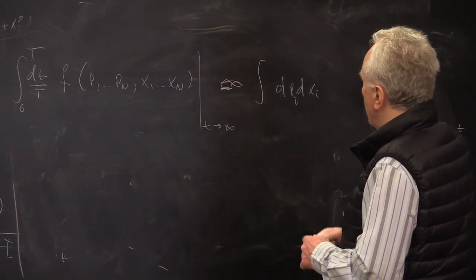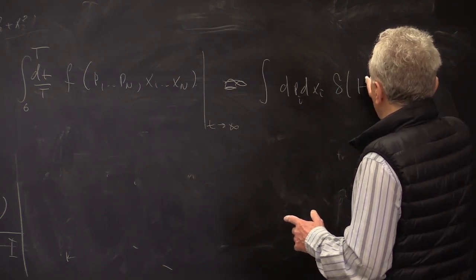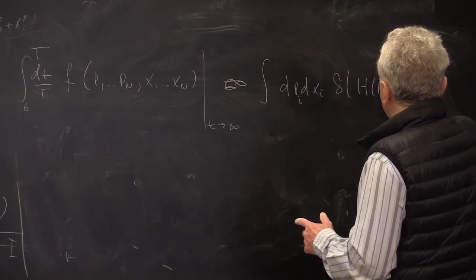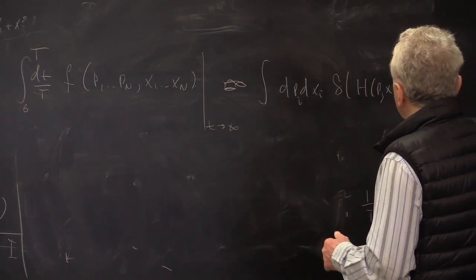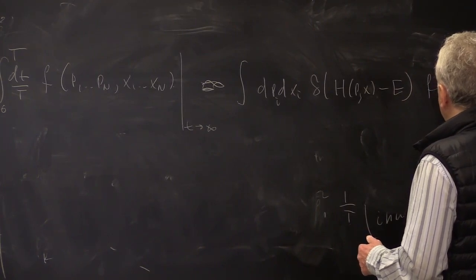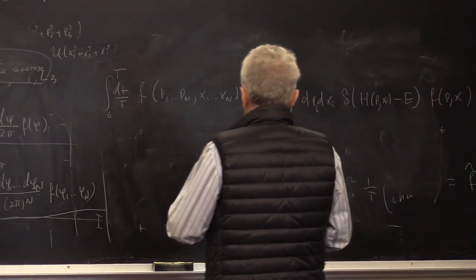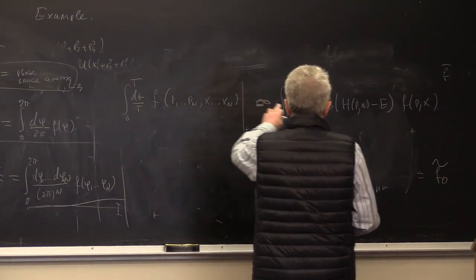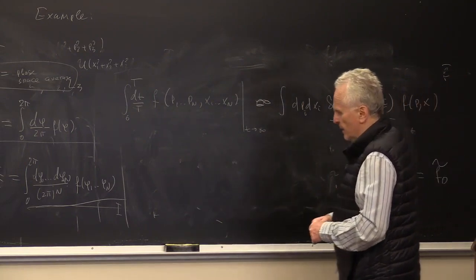but multiplied by the delta function that H of p, x is equal to E, and we have the function f of p and x. And from here, that's what the ergodic theorem said, that the time average is equal to the phase space average, provided that we get this.